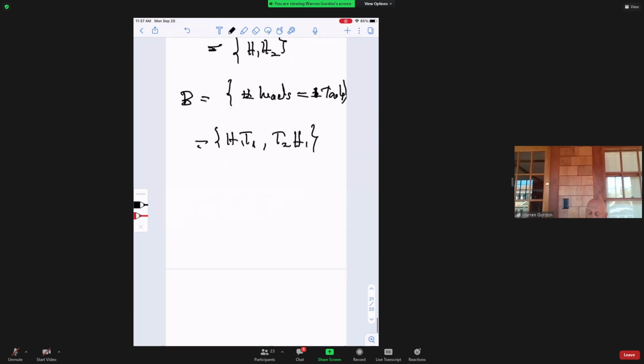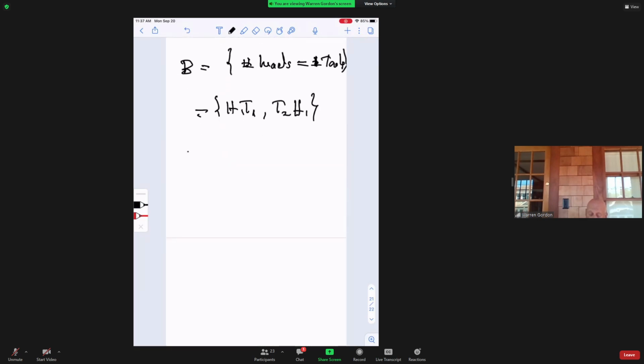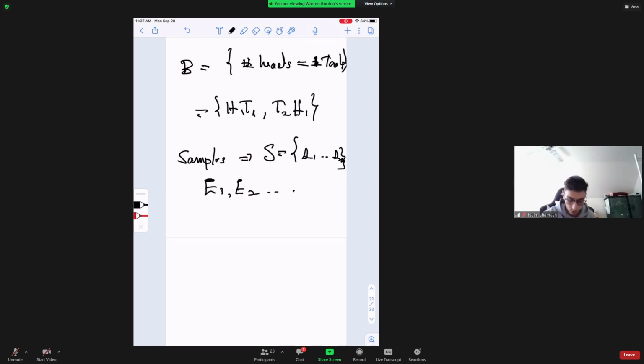So I have the notion of the sample space, which is just S1 up through Sn, and I have events. Now I want to define, let me look at my notes here.